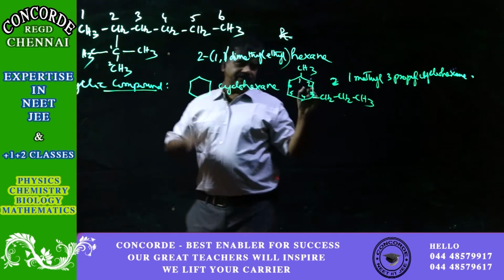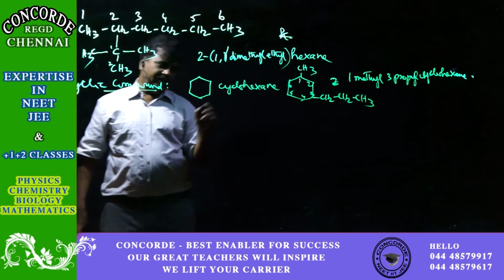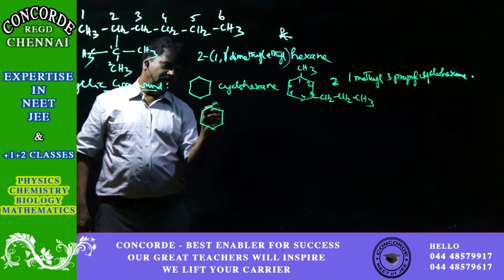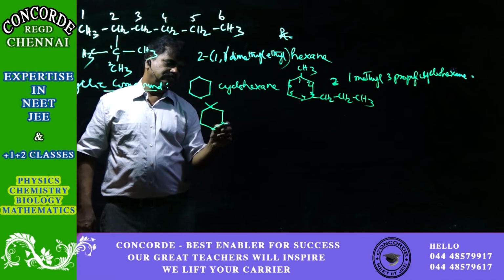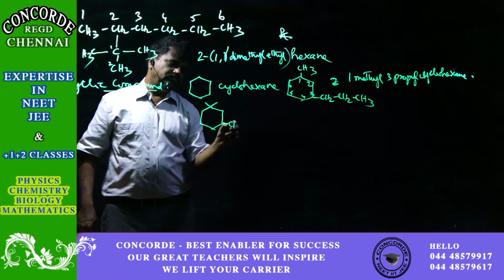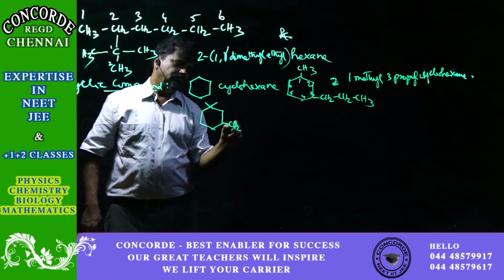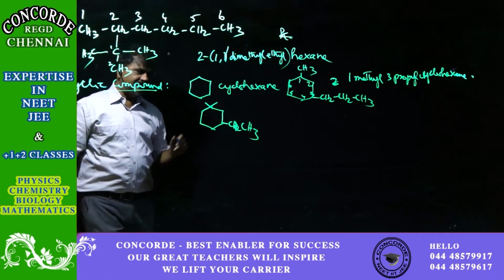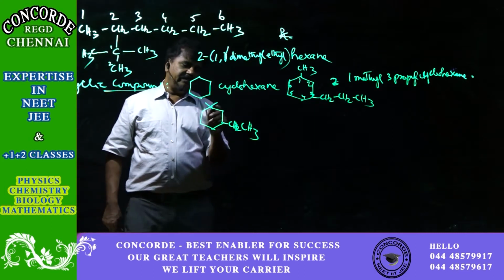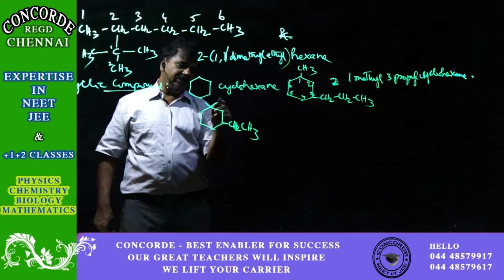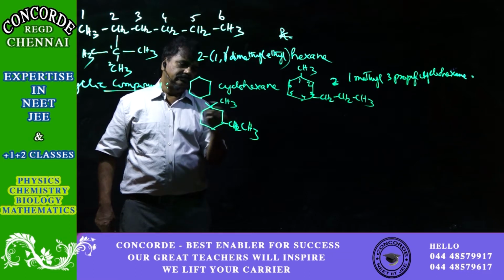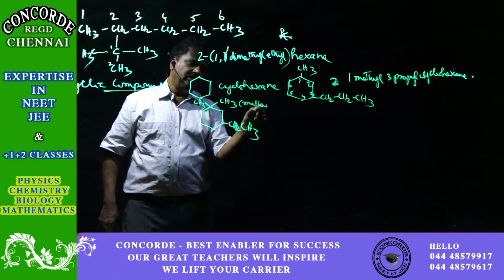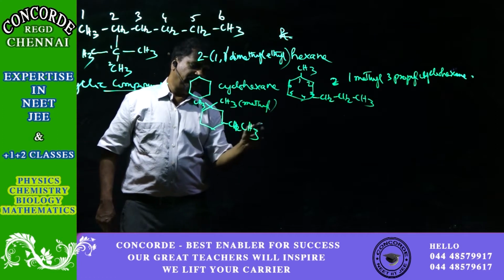And in case there is branching in one of the carbons, wherever there is a branch, this is methyl and this is ethyl.